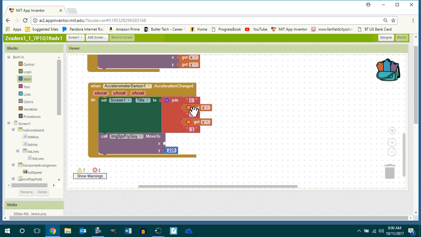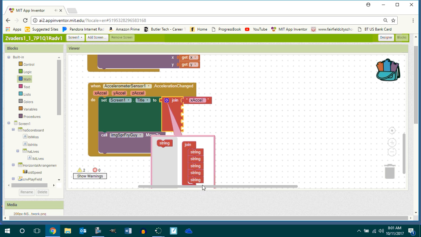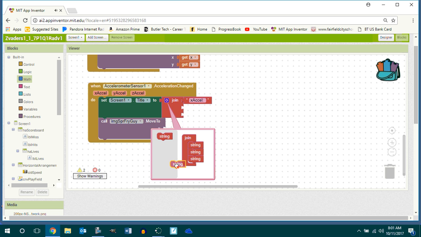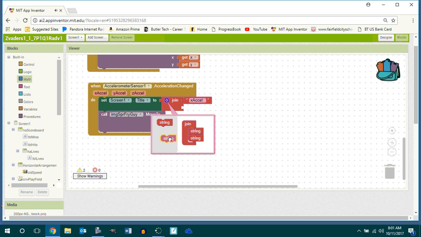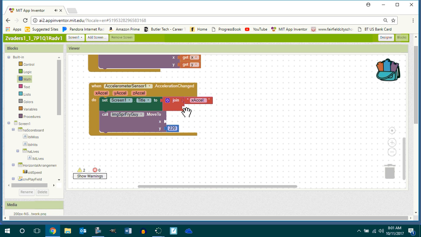If you really don't understand it, a good thing to do up here is to put in X acceleration, colon, then get rid of this X box, go into your join, get rid of some of these strings, and figure out what this does.